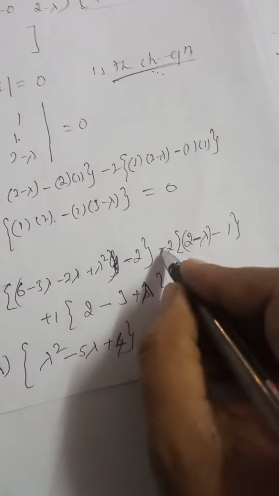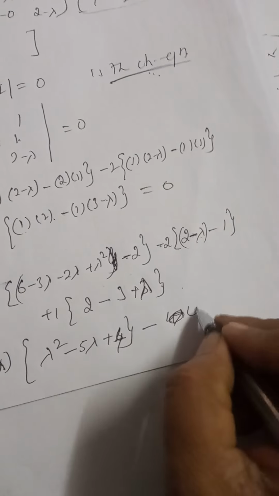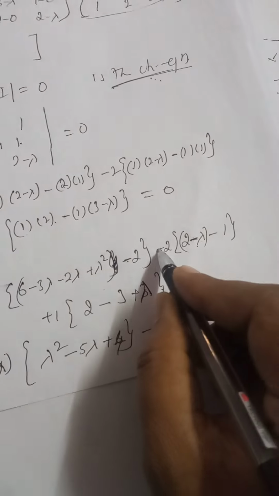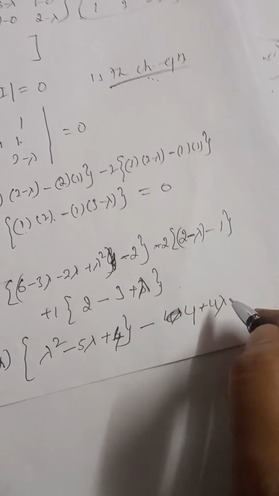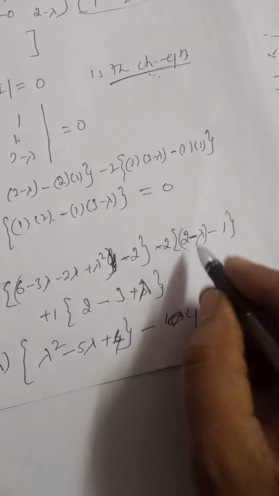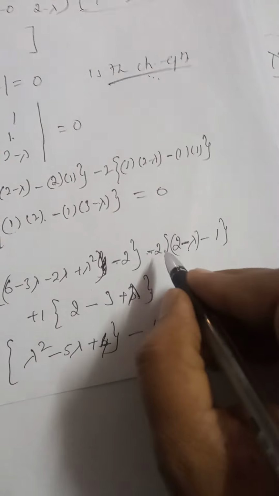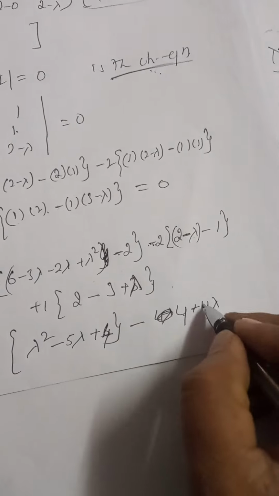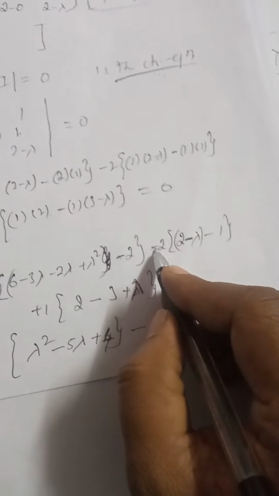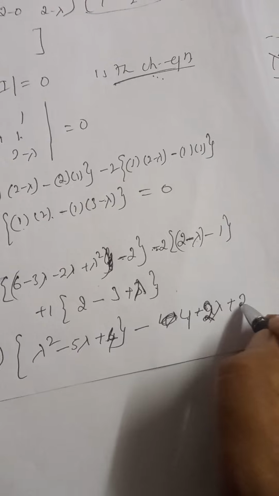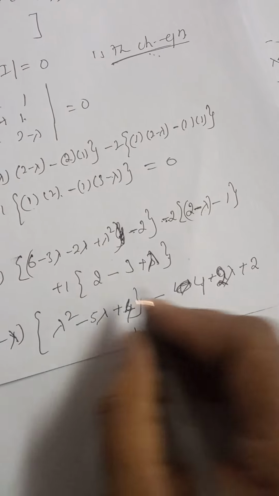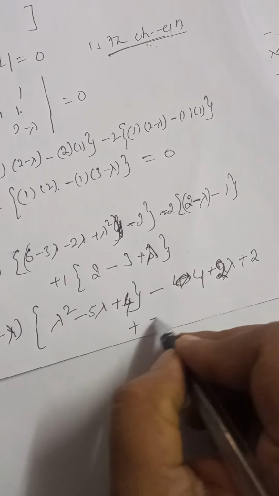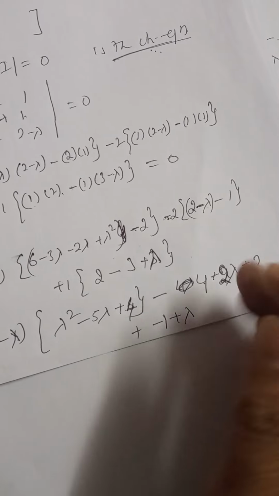Now see, multiply these two inside: minus 2 into 2 is minus 4, minus 2 into minus lambda is plus 2 lambda, minus 2 into minus 1 is plus 2. Here also this is 1, no problem, this is 2 minus 3 is minus 1 plus lambda.